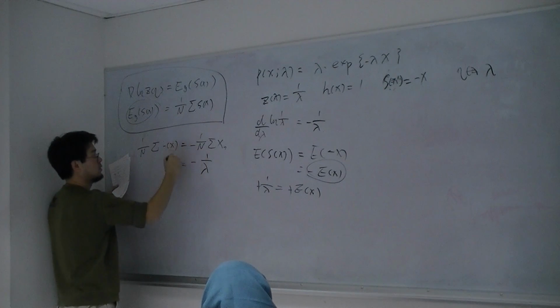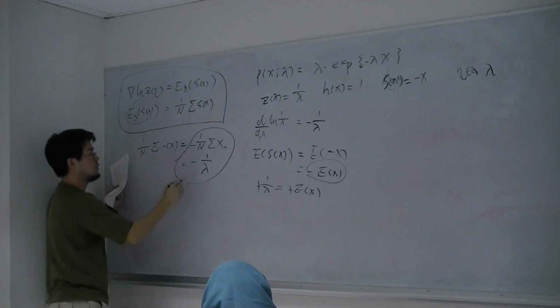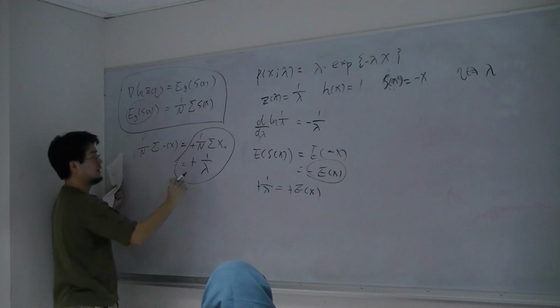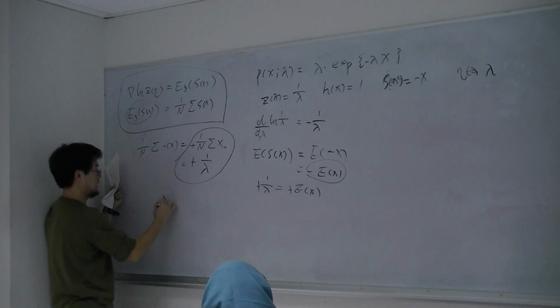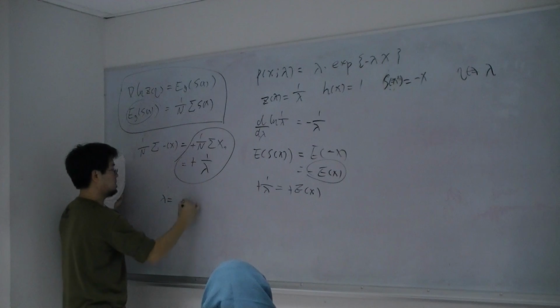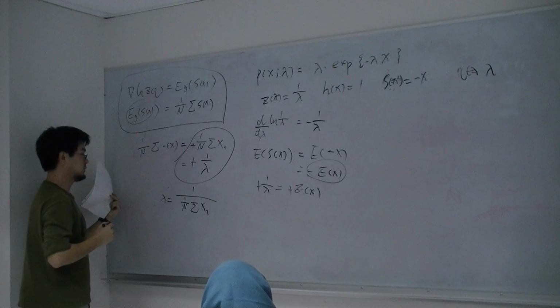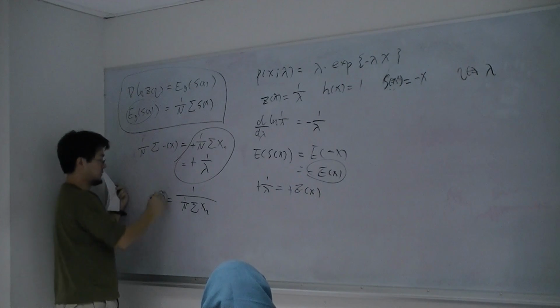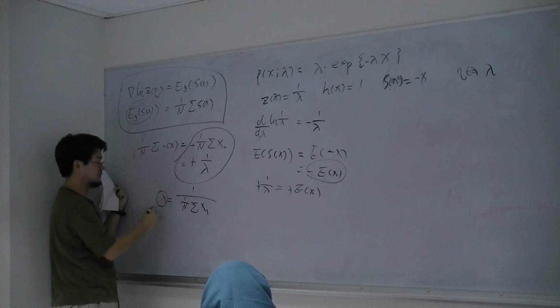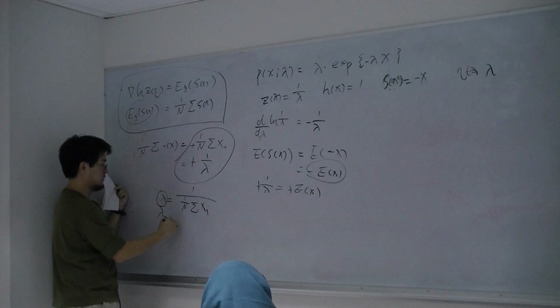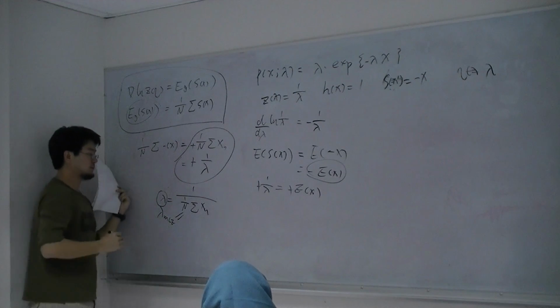These two should be equal. So we cancel and flip, and lambda is equal to n over the sum of x_n. This is the maximum likelihood estimation of lambda.